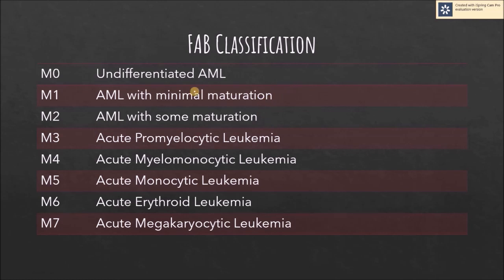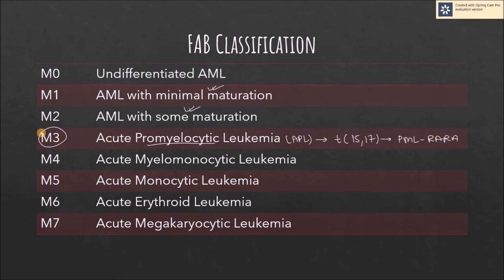So coming to classification, M0 is undifferentiated AML, M1 is with minimal maturation, M2 is with some maturation, M3 is acute promyelocytic leukemia, also known as APL. It is associated with translocation 15;17, which leads to formation of the PML-RARA protein.